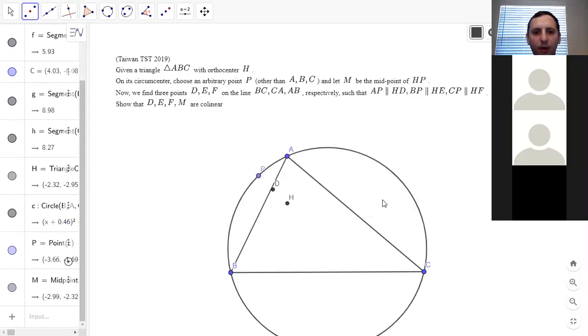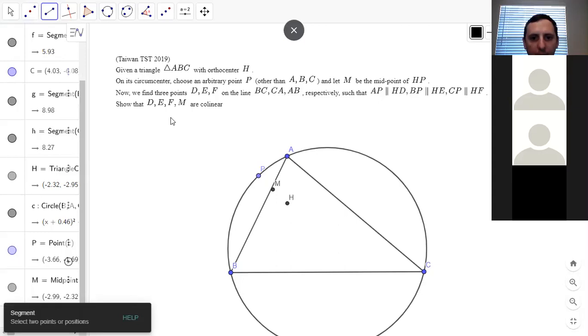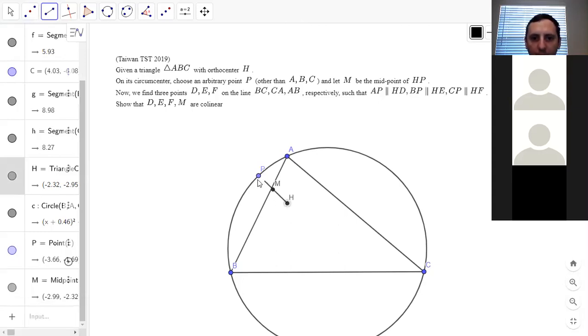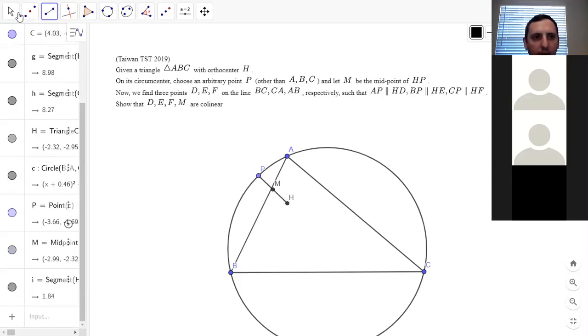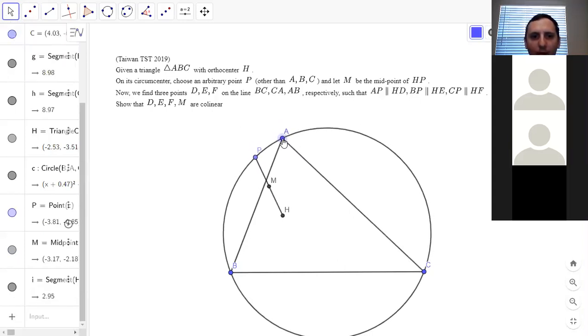So it looks like homotheties might be a good idea because the reflection of H over each of the sides lies on the circumcircle. So basically M lies on the 9-point circle. So M is any point on the 9-point circle. Now we find 3 points D, E, and F. So AP is parallel to HD.